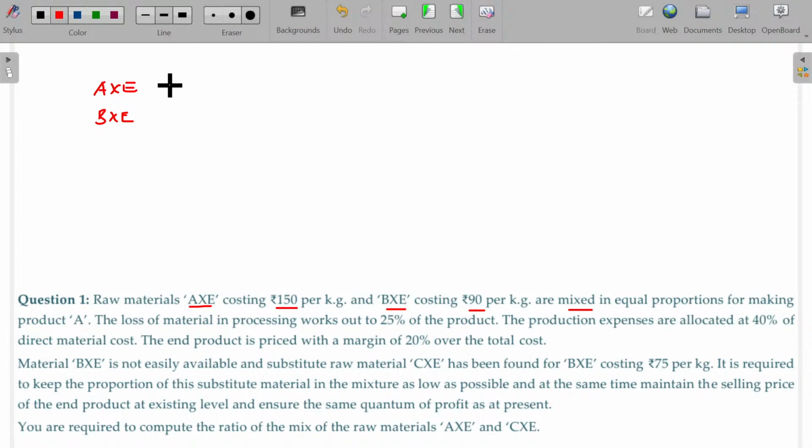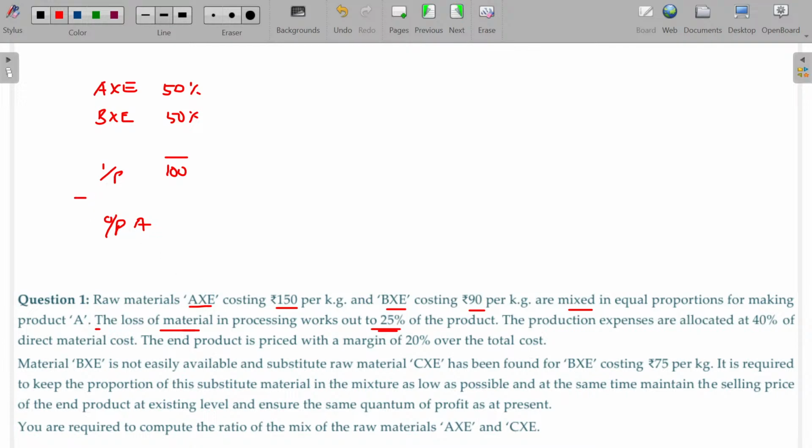Okay, 50-50, 50% AXC, 50% BXC. Right. Maybe 100 is the input. Making product A, then you'll get output A. The loss of material in processing works out to 25% of the output product.